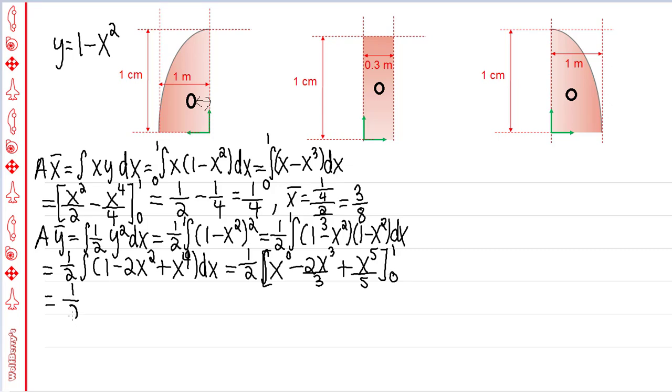Equals a half, open bracket, 1 minus 2 over 3 plus 1 over 5. Remember, all this is equal to A multiplied by y bar.